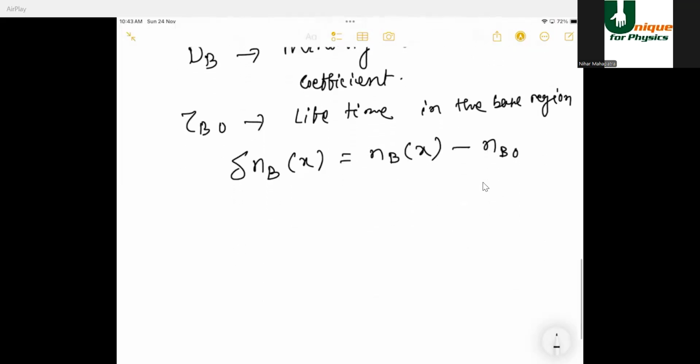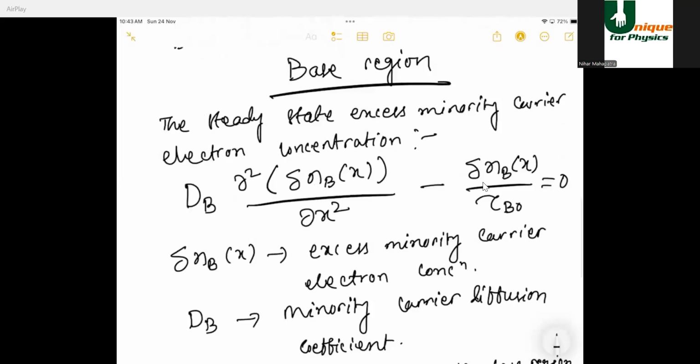Then if I take delta NB as only a variable of X without considering the doping profile and recombination of the minority carrier concentration, we are considering only the excess carrier as a function of X. So in this equation where we have taken the partial differentiation with respect to X, considering that delta NB may depend on any other variable, if you are not considering that and only considering delta NB as a function of X only, then this partial differentiation can be written as an ordinary differential equation.